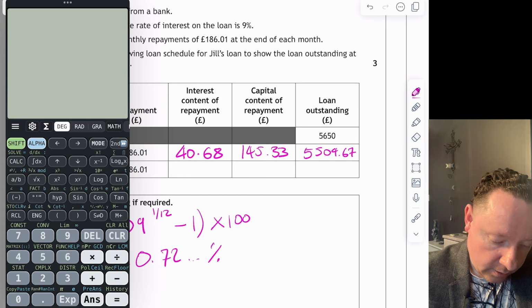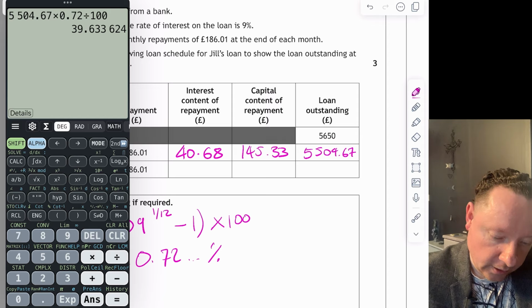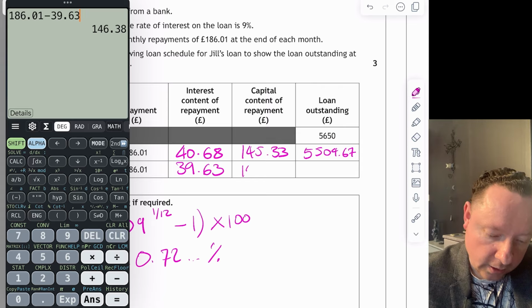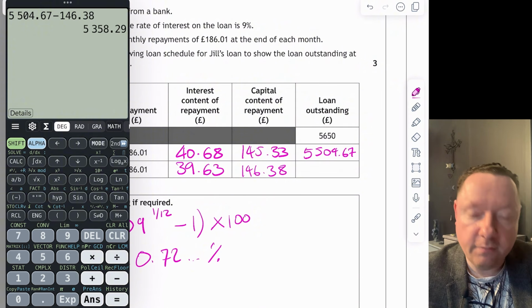So it's £5504.67 times 0.72%, £39.63. 186.01 is the payment minus the £39.63 to give 146.38. And finally, loan £5504.67 minus the £146.38 to get 5358.29.